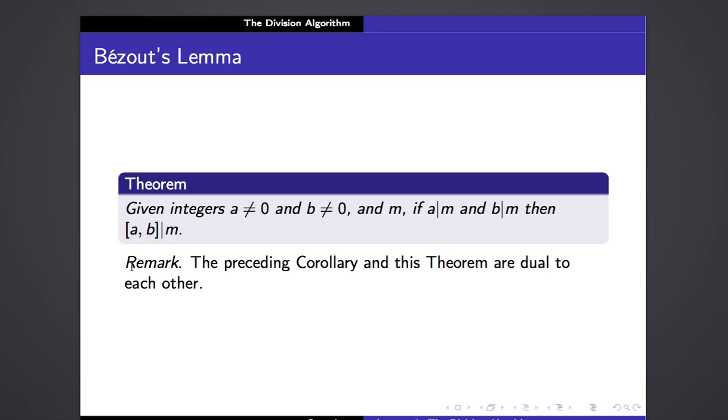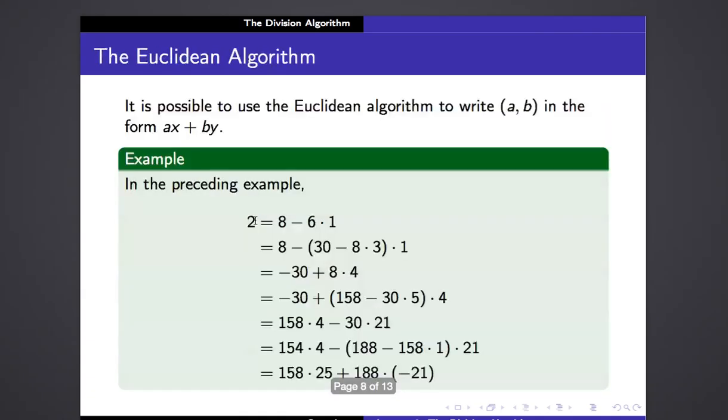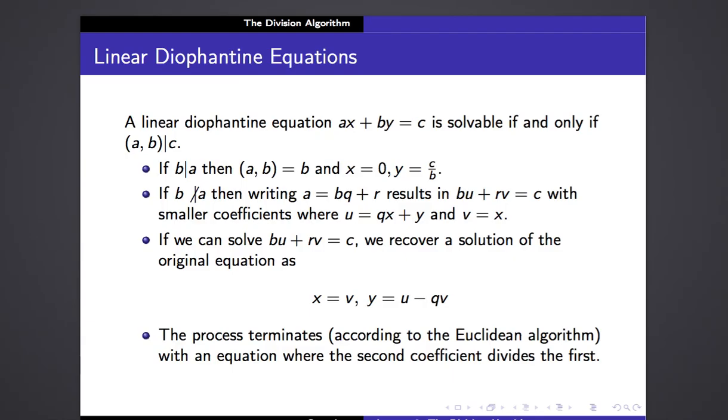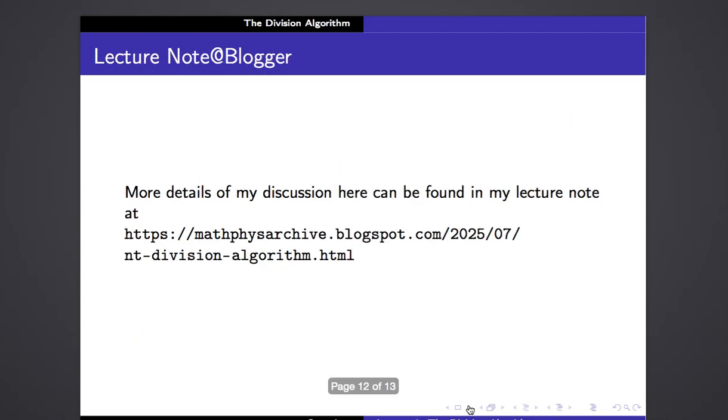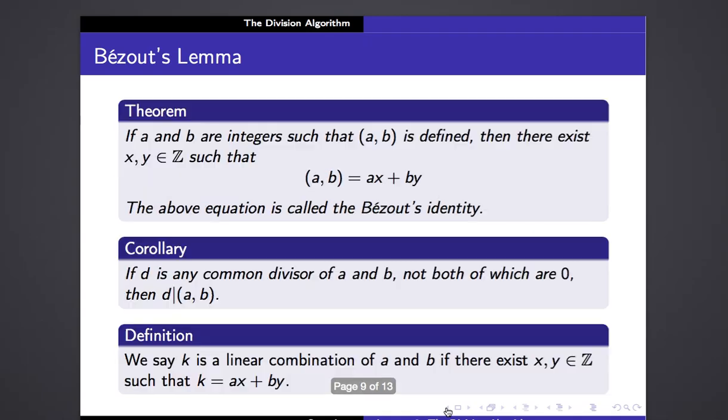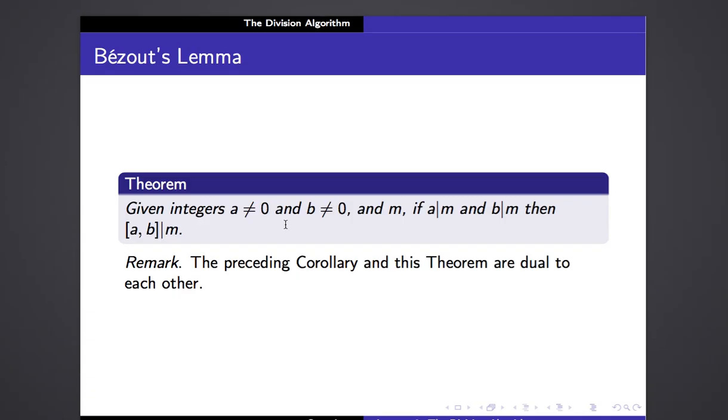What do I mean by that? I mean they are dual to each other in the sense that if you reverse the inequality in the corollary, you get this theorem, and vice versa.